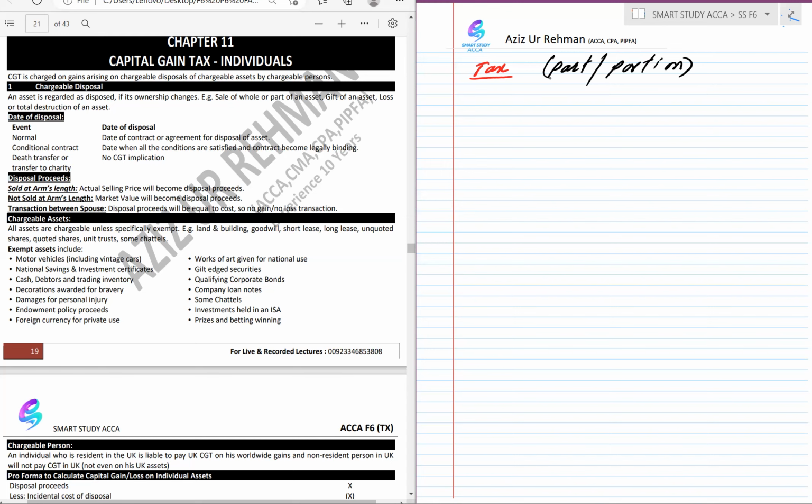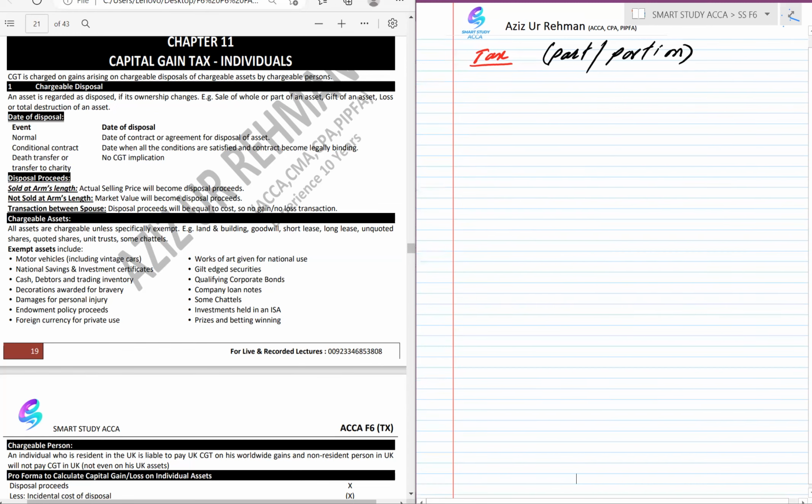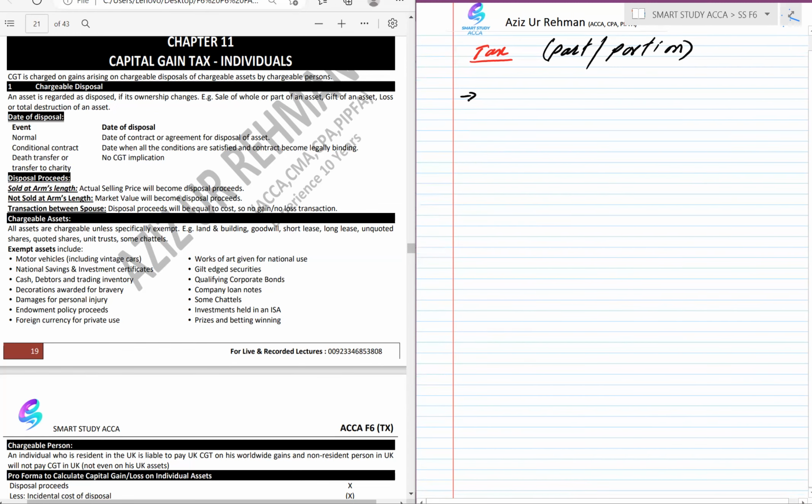There are two very basic types of tax. One is called direct tax. Direct tax means the tax which we pay directly to the tax authorities. For example, income tax.